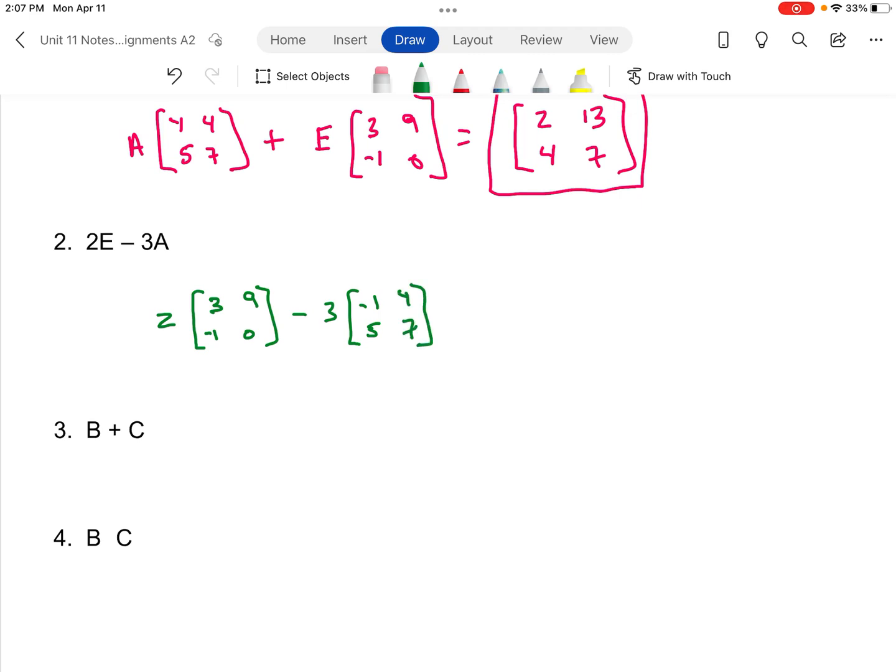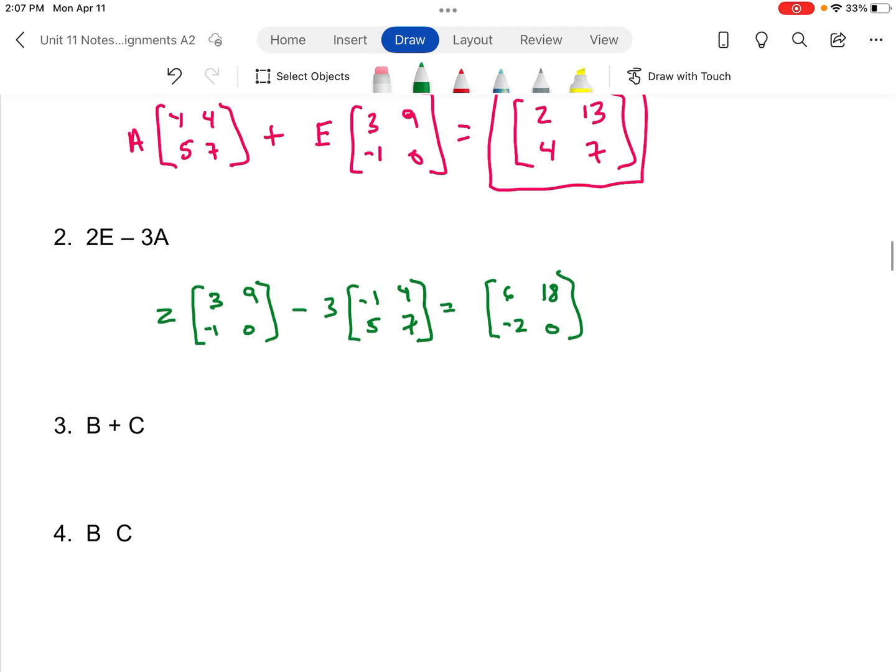Okay, so the first thing that we need to do before we can combine these two matrices is we need to multiply times those scalars. So we need to multiply that by that 2. Each element inside the matrix needs to be multiplied. Then I need to multiply by negative 3.